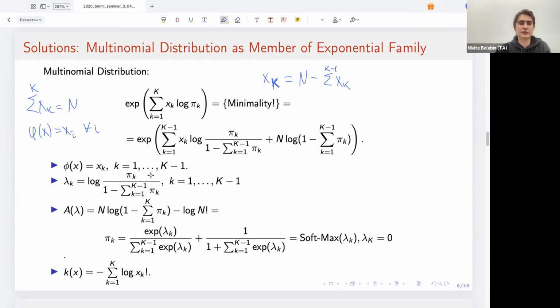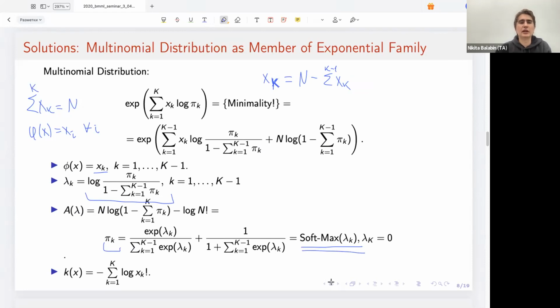And now we can see that the sufficient statistic is so, and it is minimal, because we use n data points, and we can see that lambda can be written in the following way, and we can construct a new normalizing constant with all additional terms and show that pi can be written in a more convenient way with lambdas.